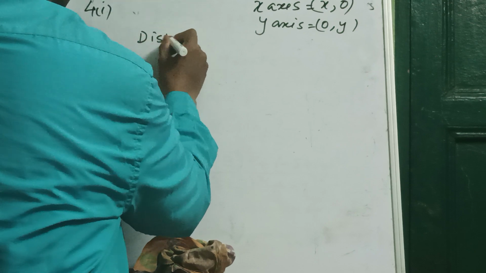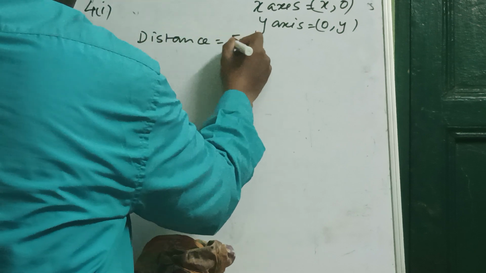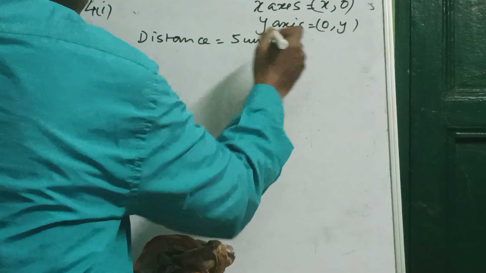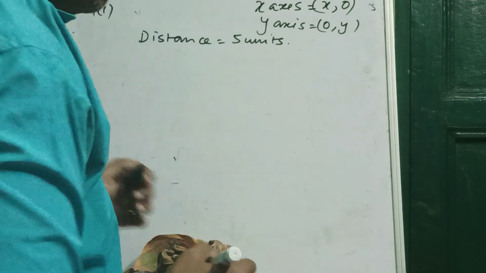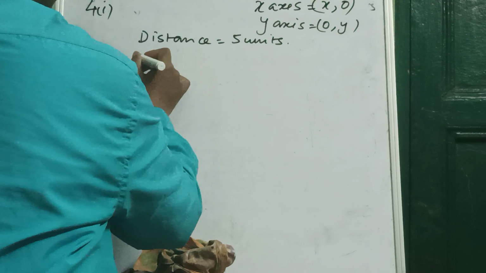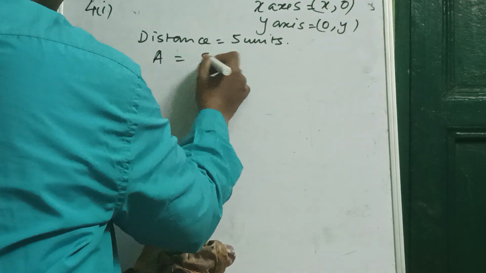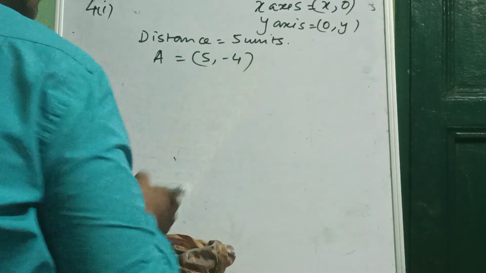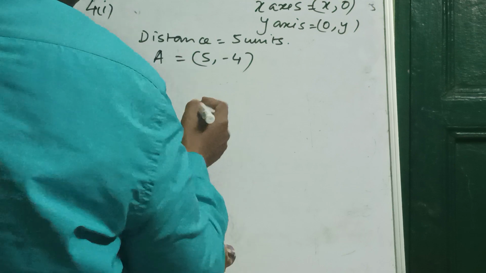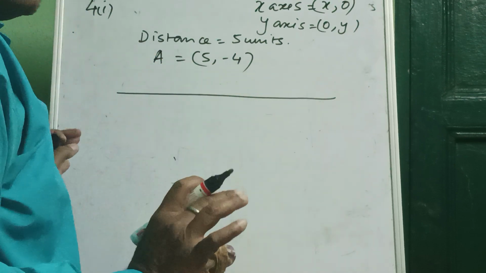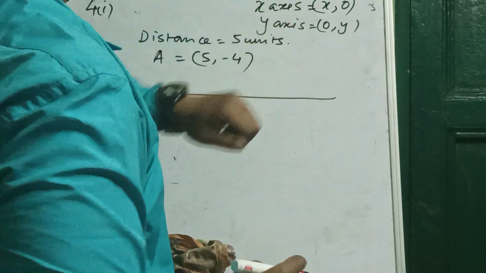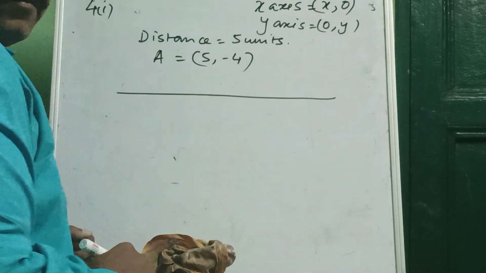Distance is 5 units and the point is 5 comma minus 4. Let's take the point as 5 comma minus 4. Take a line first of all as x-axis, so a horizontal line.